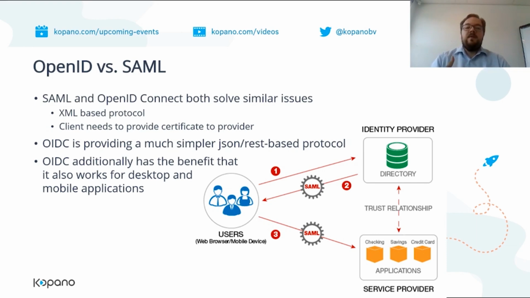And again, not only is the protocol that OpenID is using much simpler than the XML-based communication of SAML, but in SAML you have a trust relationship. You need to generate certificates, you need to sign certificates with each other. So the architecture and the configuration are quite heavy in my experience.